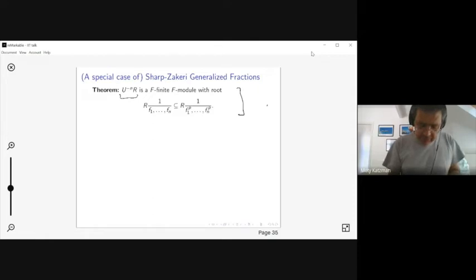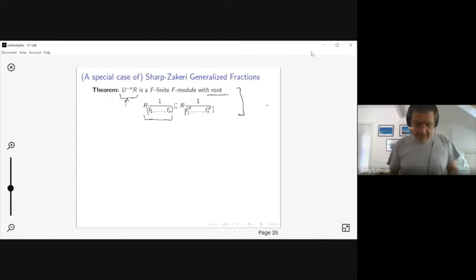So here is a submodule of U to the minus nR, the one generated by this one fraction. And now you can look at the Frobenius power of this module, and it happens to be generated by this other fraction, in which all the f's are raised to the p. And this inclusion is a root for this as a finite F module.